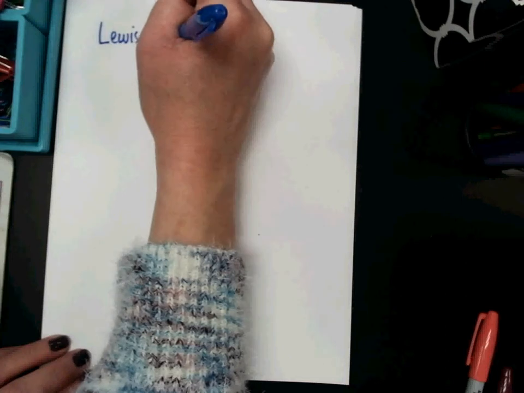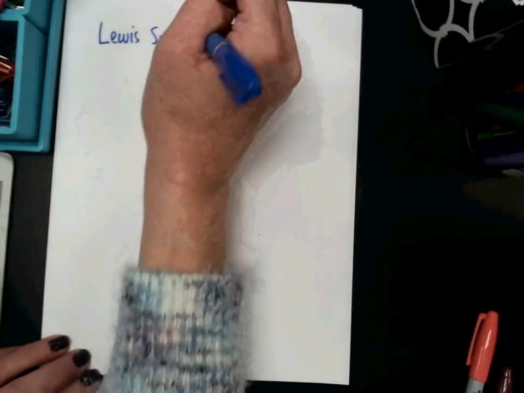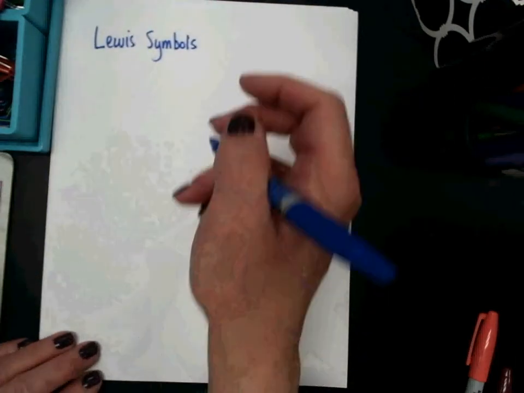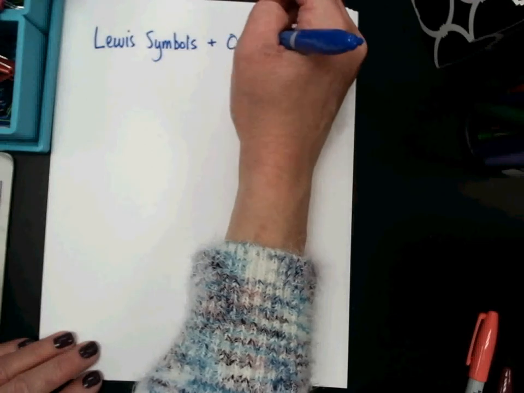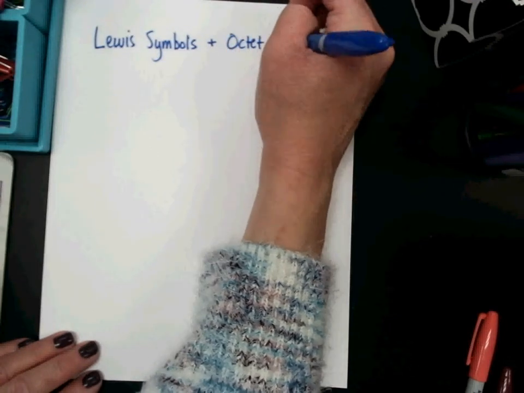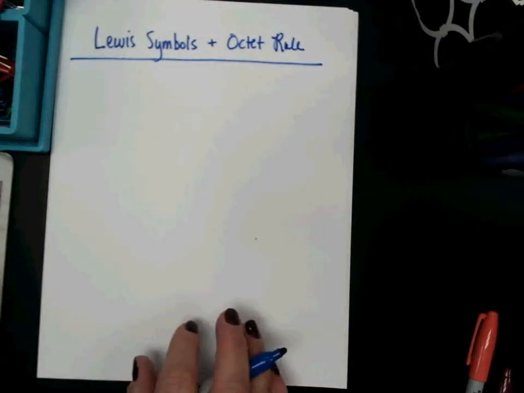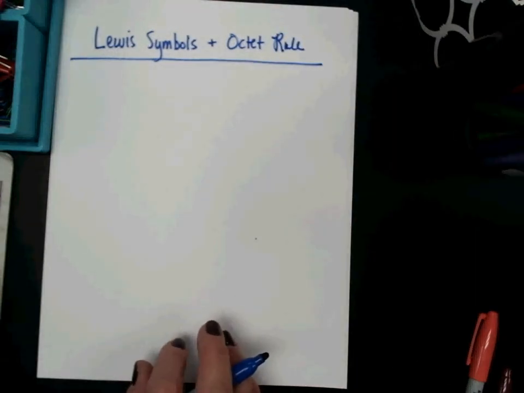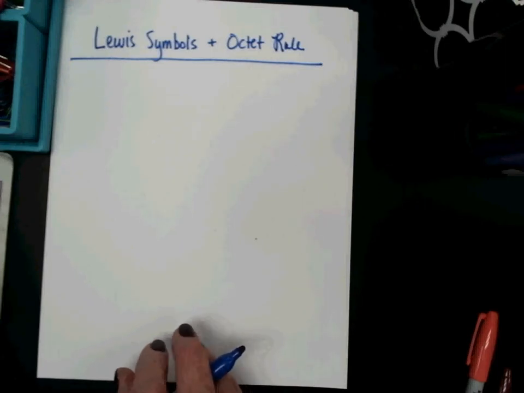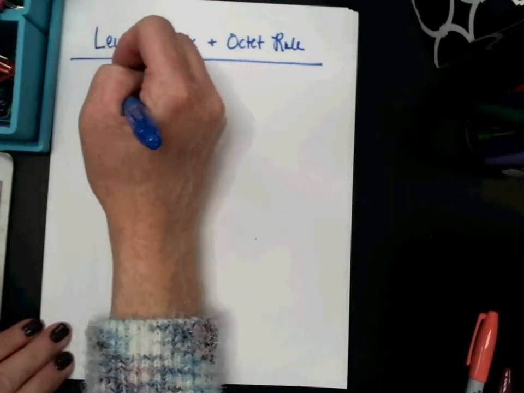Lewis symbols used to represent atoms, and the octet rule. One of the questions you're going to have to do today is over the octet rule, and I think we should know what the octet rule is. We'll talk about it in just a little bit.